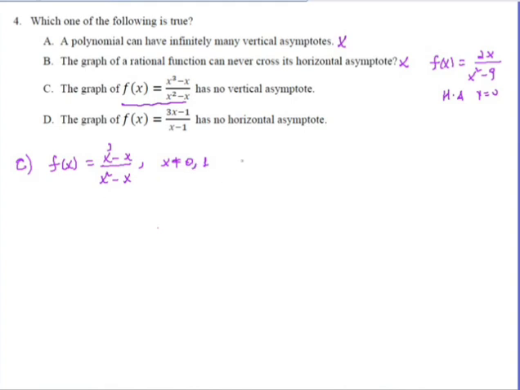So let us check what the function looks like by simplifying. x cubed minus x means x times x squared minus 1, over x squared minus x means x times x minus 1. So we have something that can be cancelled out. Then it remains x squared minus 1 over x minus 1.